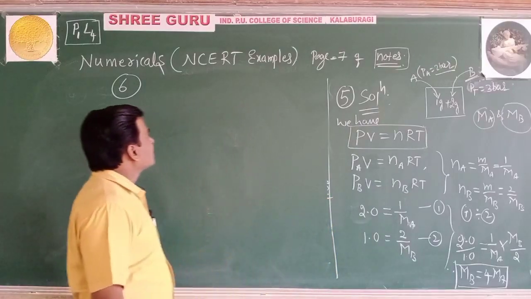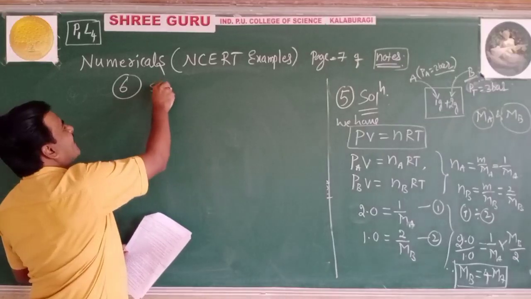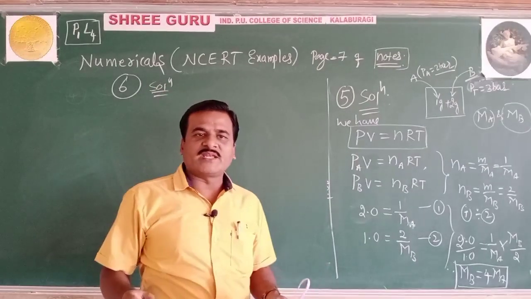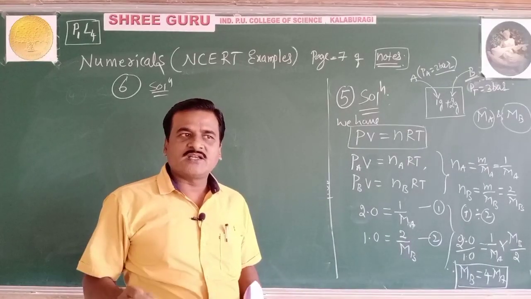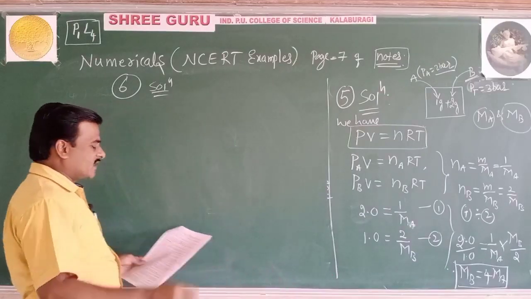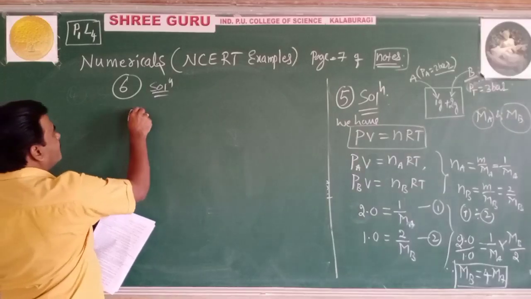For this, students, you have to get the reaction between metal aluminum and caustic soda. What is caustic soda? Sodium hydroxide itself is called caustic soda. You have to write the equation. So this is aluminum.